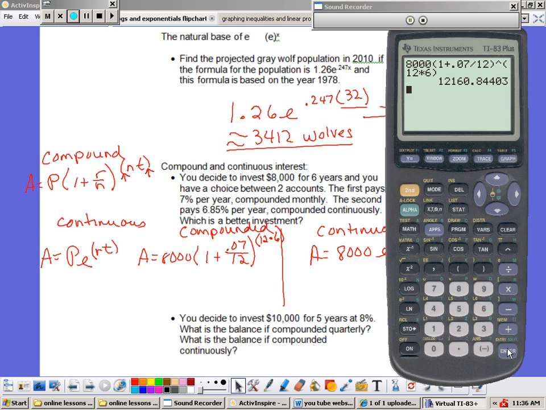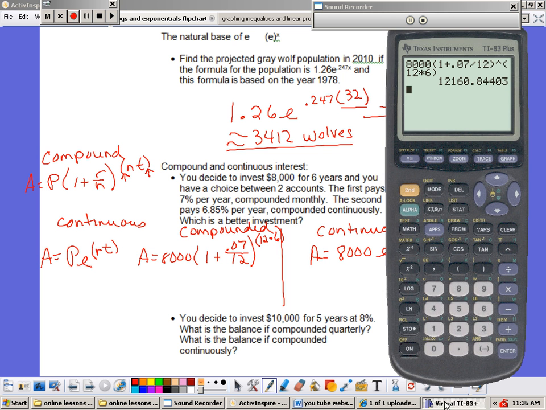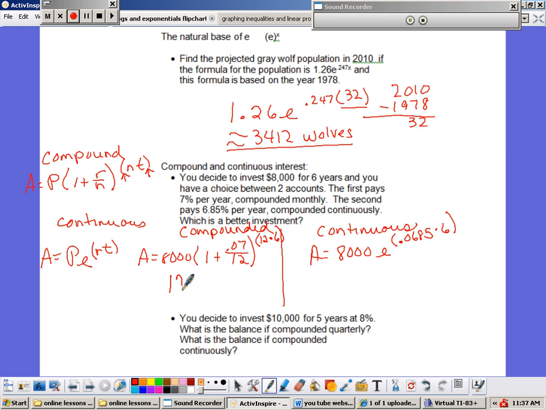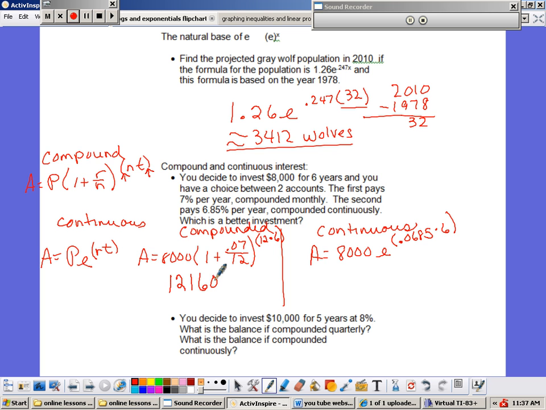Enter. So I get $12,160.84. Oh, forgot already. $60.84.